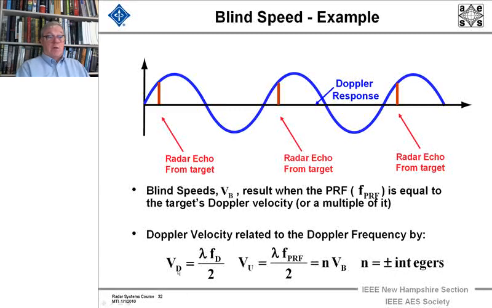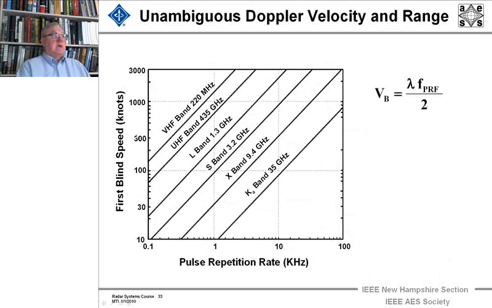The Doppler velocity of a target with a Doppler frequency f sub d is lambda over 2. So you put in the PRF and then you get the unambiguous velocity equal to n times the blind speed, which would be, in this case, if we transformed the Doppler axis into velocity, that one cycle of the PRF.